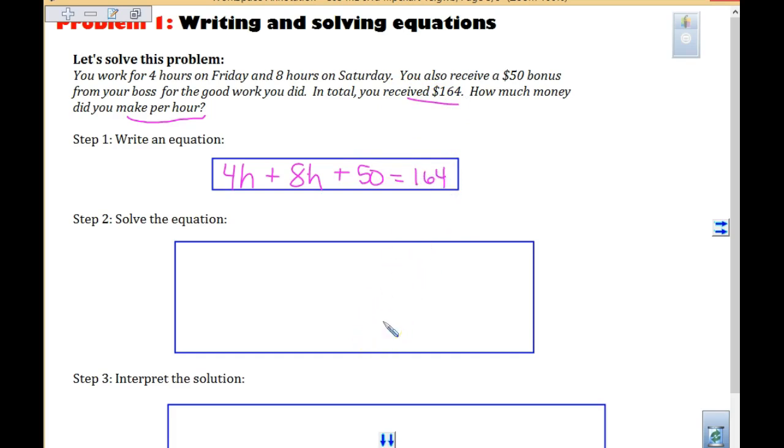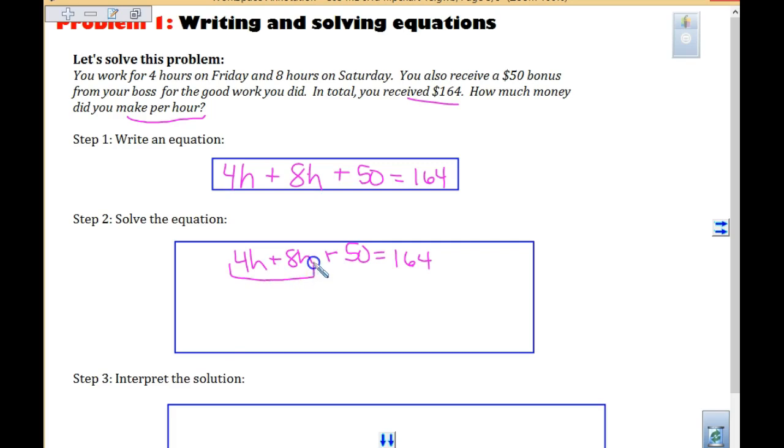So that is our original equation. Once I have that equation down, you're going to fill it in. We're going to write that same equation: 4H plus 8H plus 50 equals 164.